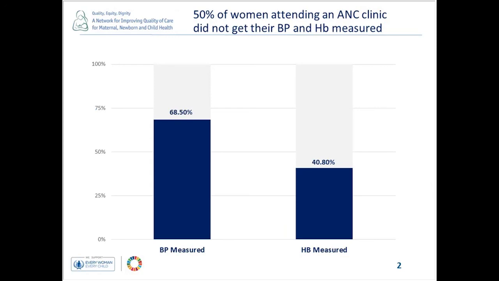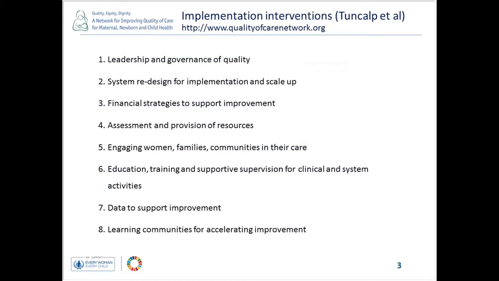And this is the point of this network, to try and fix this, to make sure that all of the great interventions and diagnoses and techniques that have been developed over the years are actually applied to the patient who needs them. And so WHO has done a literature review to look at what interventions help make sure that patients get the care that they should get.